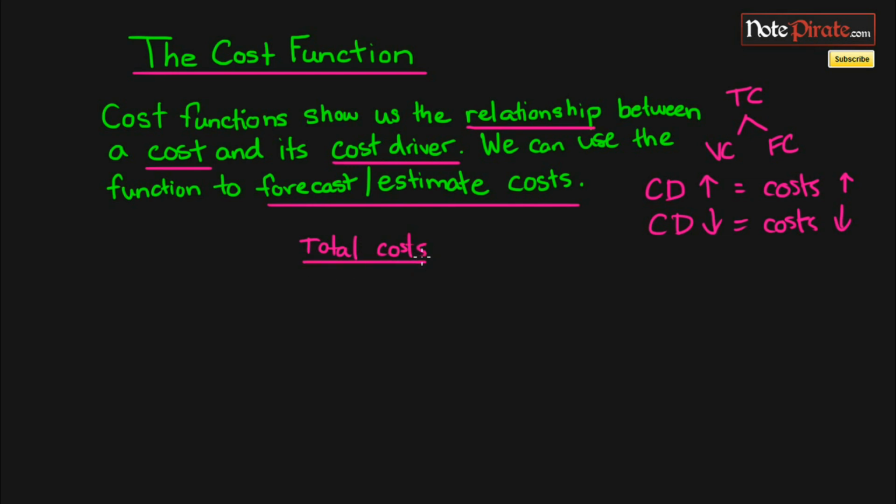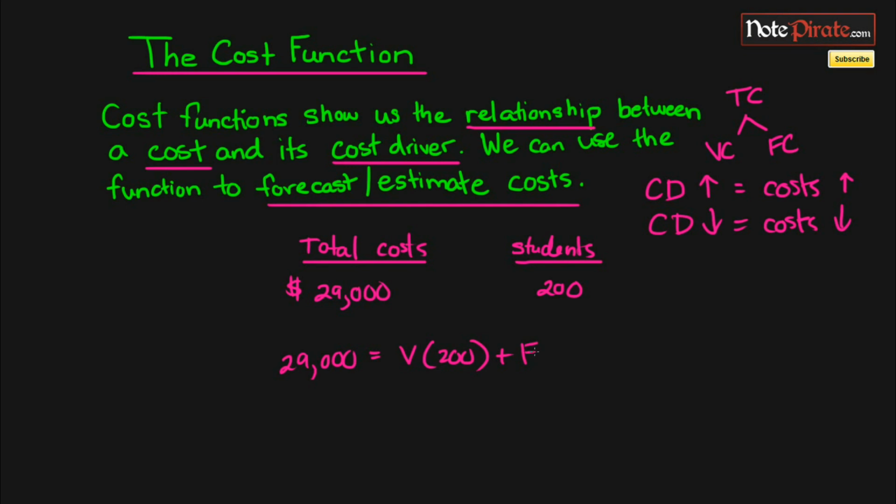So these total costs are for maintenance, and we're going to have our cost driver of students. Let's say the first data point is $29,000 of total cost and 200 students. If we wanted to put this into a cost function, we would put the 29,000 where the y is, and the 200 where the x should go.